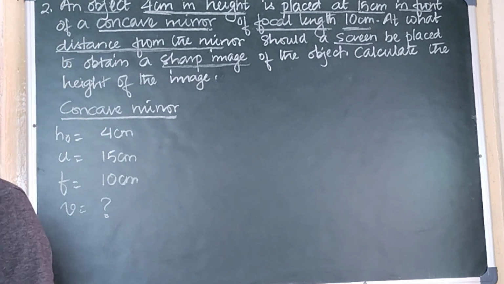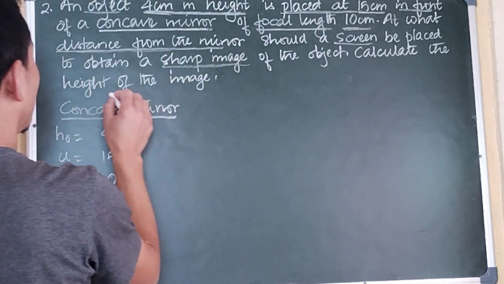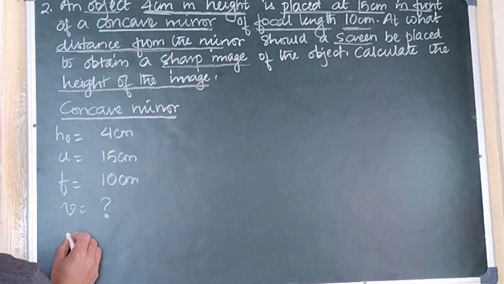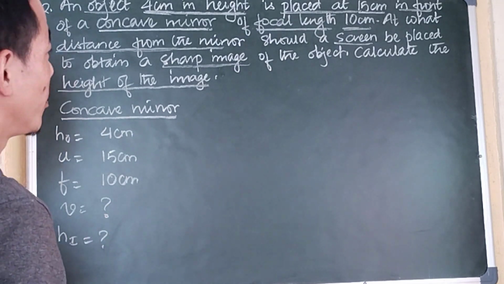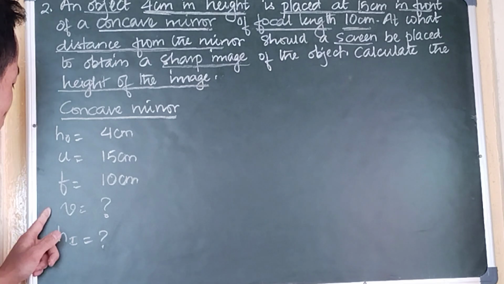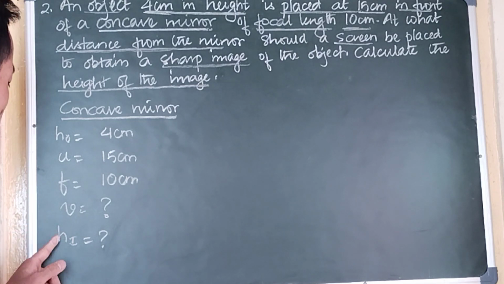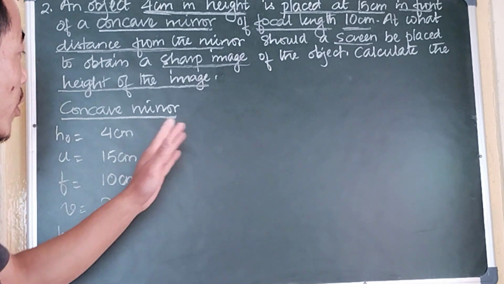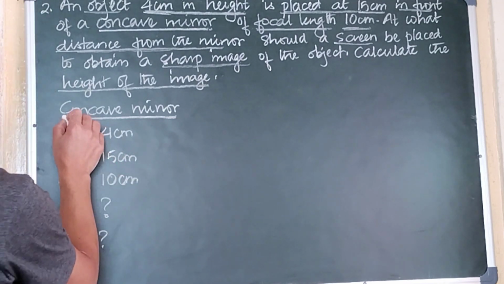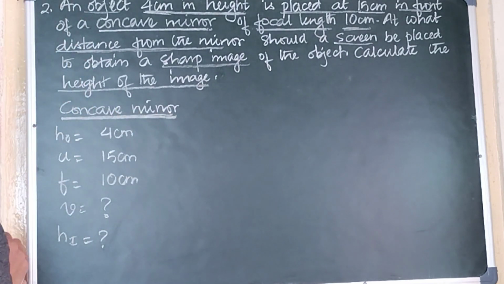And the second thing that you have to find out is the height of the image. Remember, only two things have to be found out: image position and height of the image. Now let's use the sign convention before we go to the formula. What kind of mirror do we have? Here, a concave mirror.